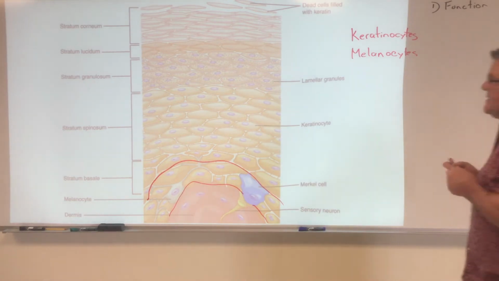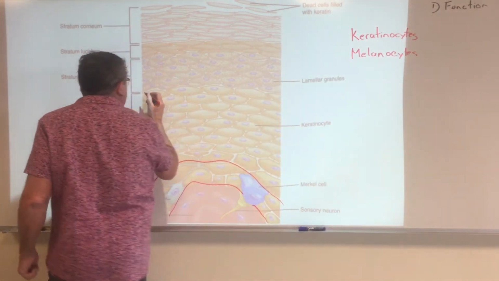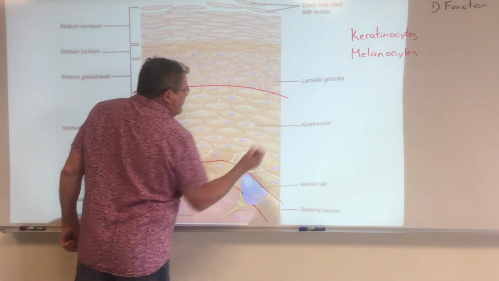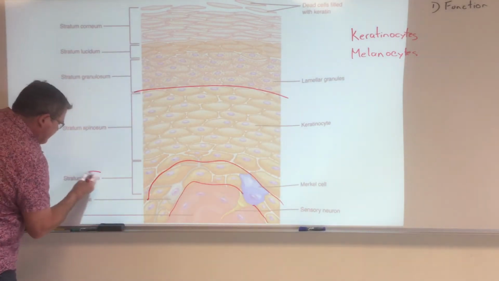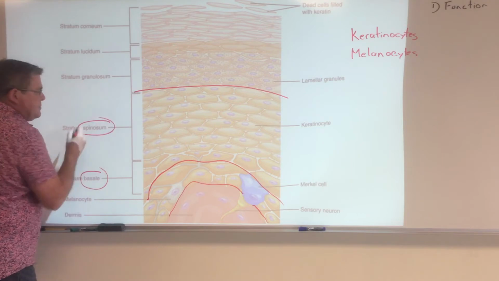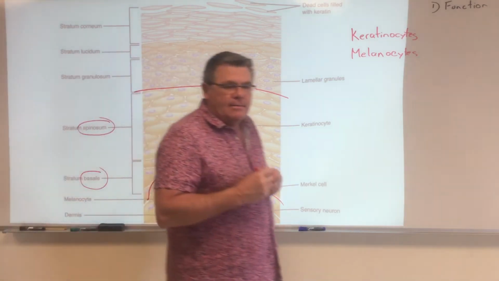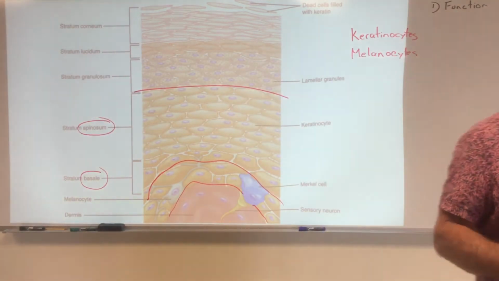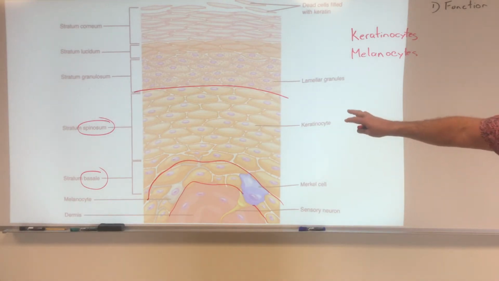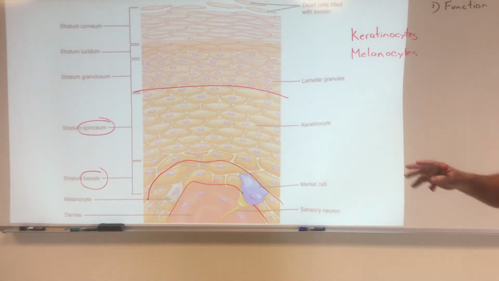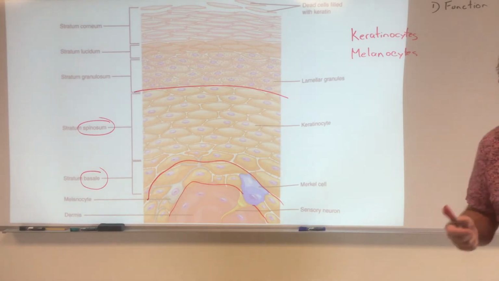Now if you look at this area, this is our stratum spinosum, and this diagram does kind of an okay job, but if you look morphologically, they start to flatten out a little bit. And actually, in a micrograph, they look a little bit more star-shaped, so the name came from spiny.